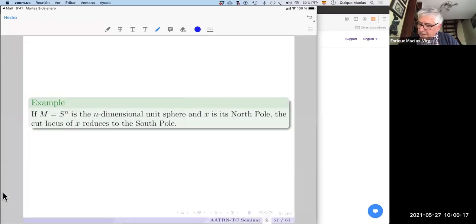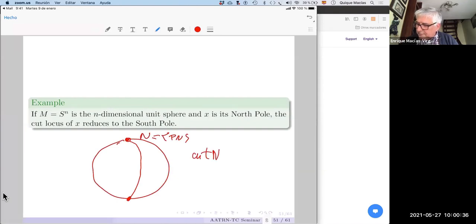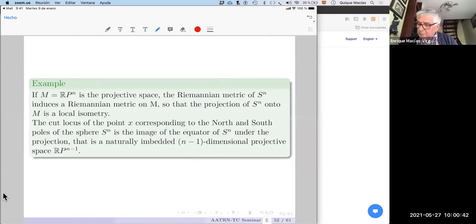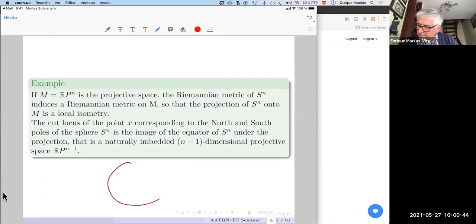For instance, if you have a sphere and you take as submanifold the North Pole, then the meridians are geodesics. They minimize distance until you arrive at the South Pole. This is a cut point. So the cut locus of N is the South Pole. If you have the projective space as a quotient of the sphere, then you have the point corresponding to the North Pole and the South Pole, which are identified.